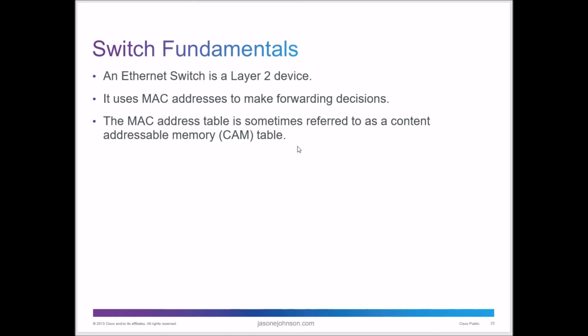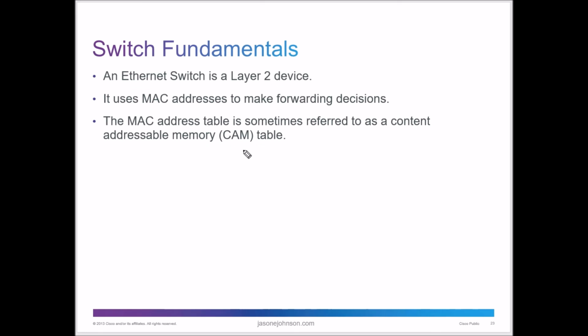So, using the MAC address table: an Ethernet switch is a layer 2 device, and when you hear the word layer 2, for the most part, most of the time, it's going to be an Ethernet switch. It uses the MAC address to make forwarding decisions, and the table is sometimes referred to as a content addressable memory, or CAM table.